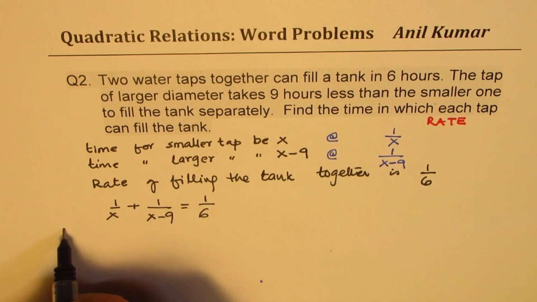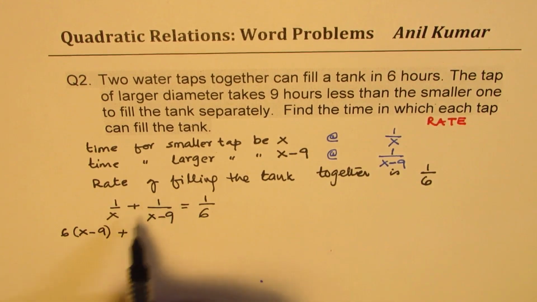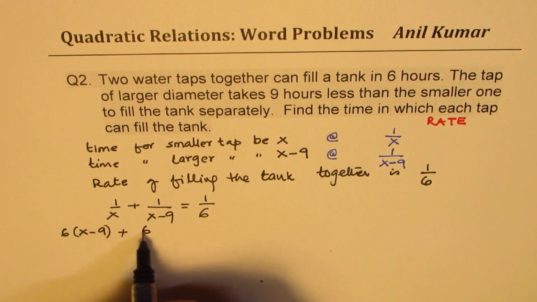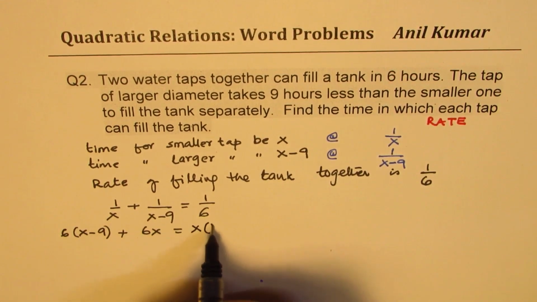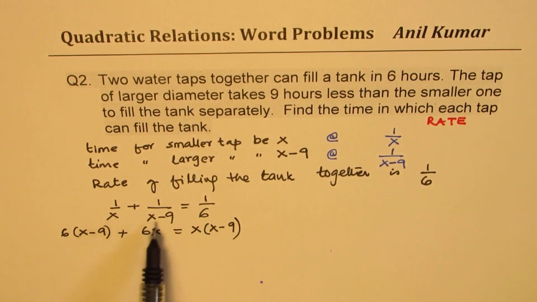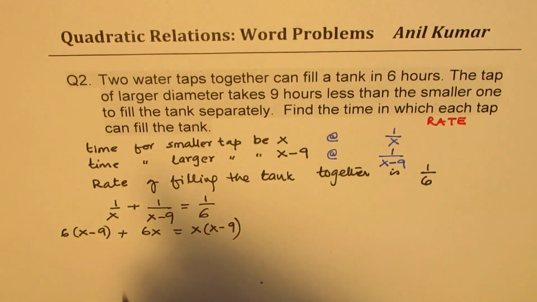So when you cross multiply, we get 6 times x minus 9 plus, here we'll get 6x. Do you see that? And on this side, we'll get product of these two, which is x times x minus 9. So what did we do? We multiplied by the common denominator, 6x times x minus 9.